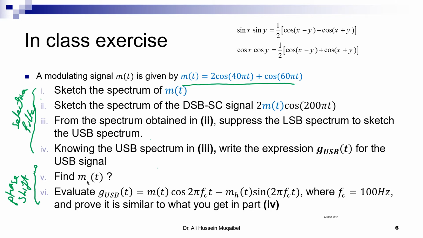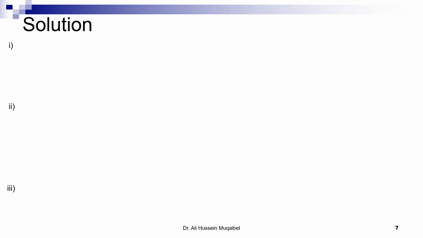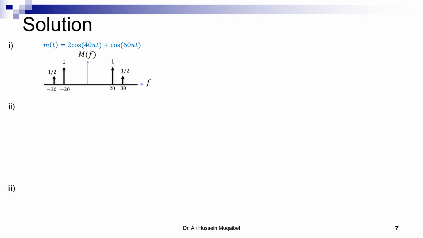So let's start. Remember this expression for the message. It's dual tone. We are also given some trigonometric identity to be used in the solution. Here we need to sketch the spectrum of this message. That should be straightforward.